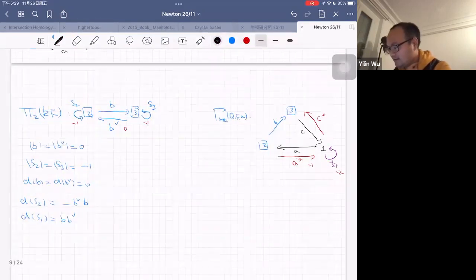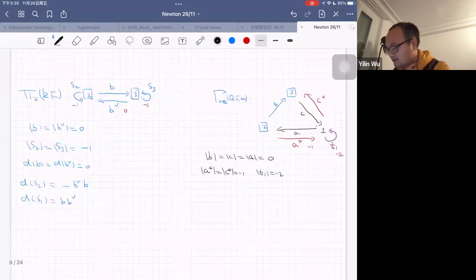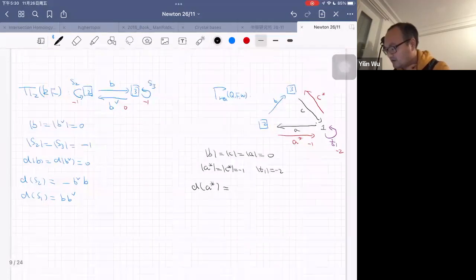Then we define the differential for b, c. For the degree -1 arrows, the differential is defined by partial derivation with respect to the potential.